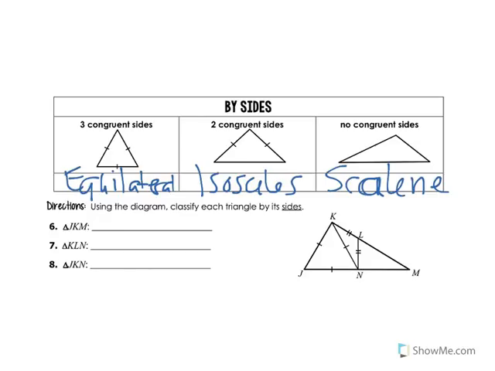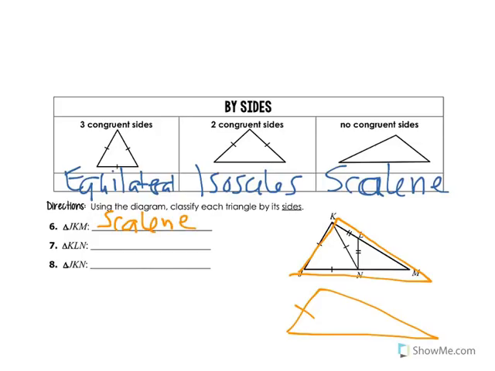So the first triangle we're looking at is triangle JKM. Triangle JKM. So we don't know if that triangle has any congruent sides. So that would be a scalene triangle. The next one we're looking at is triangle KLM.